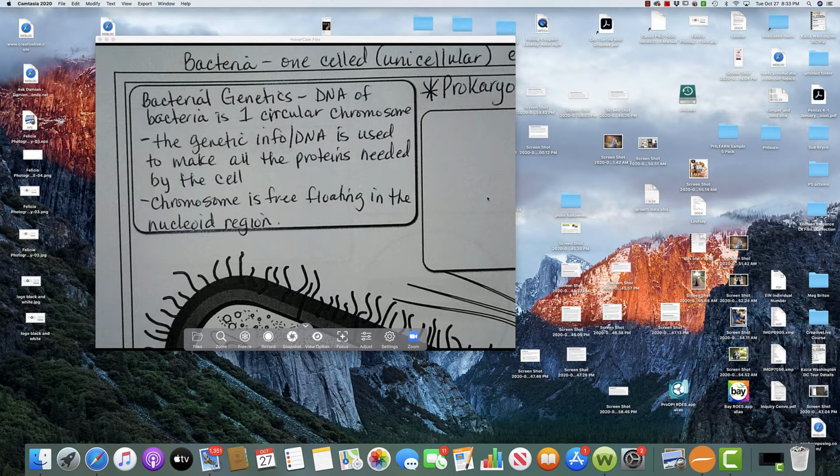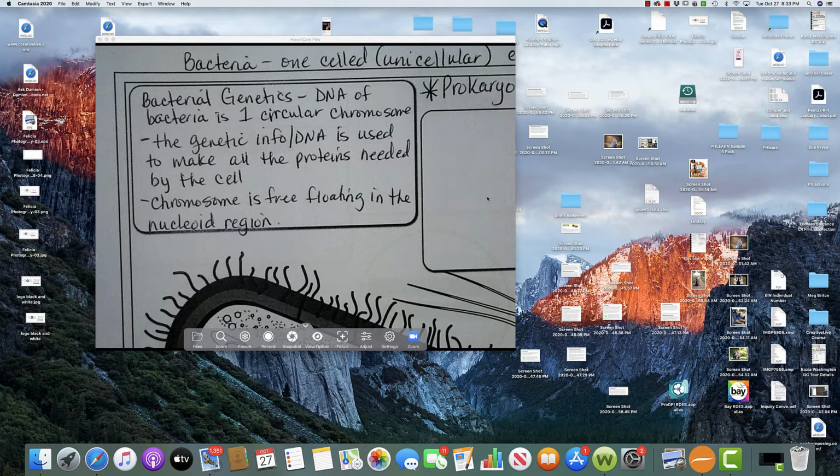What's kind of cool about a plasmid is that it is able to leave the bacterial cell through one of these pili, which have several different functions we're going to talk about in a minute.